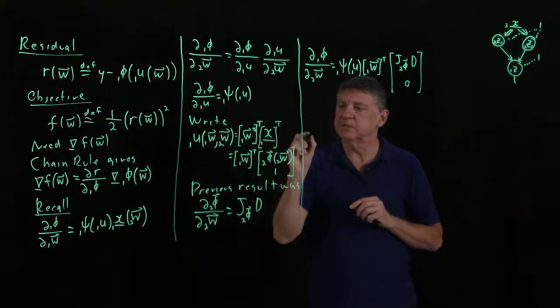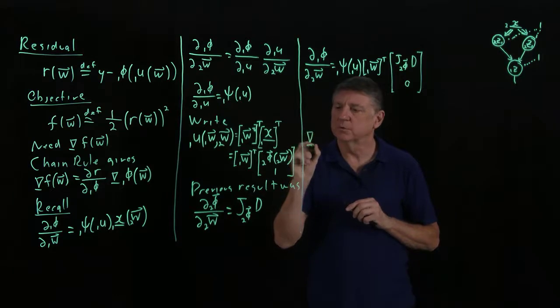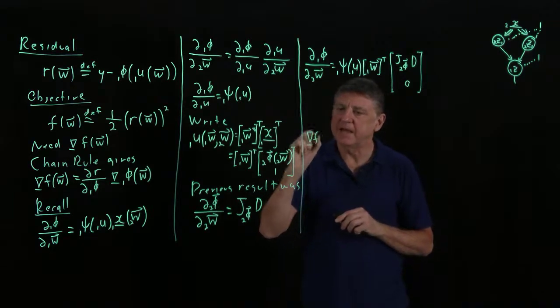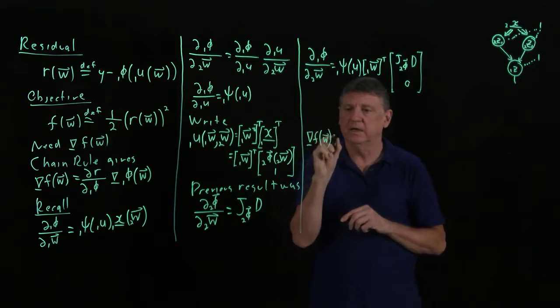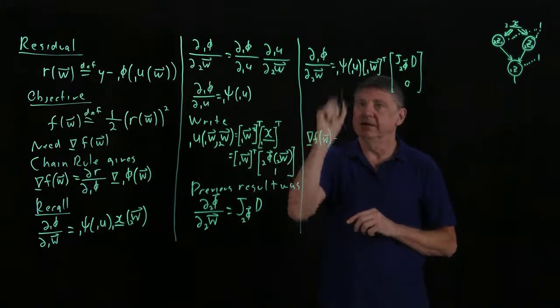And so we can now write what we wanted, which is this entire gradient. So the gradient of the objective as a function of all of the weights in the entire network is this.